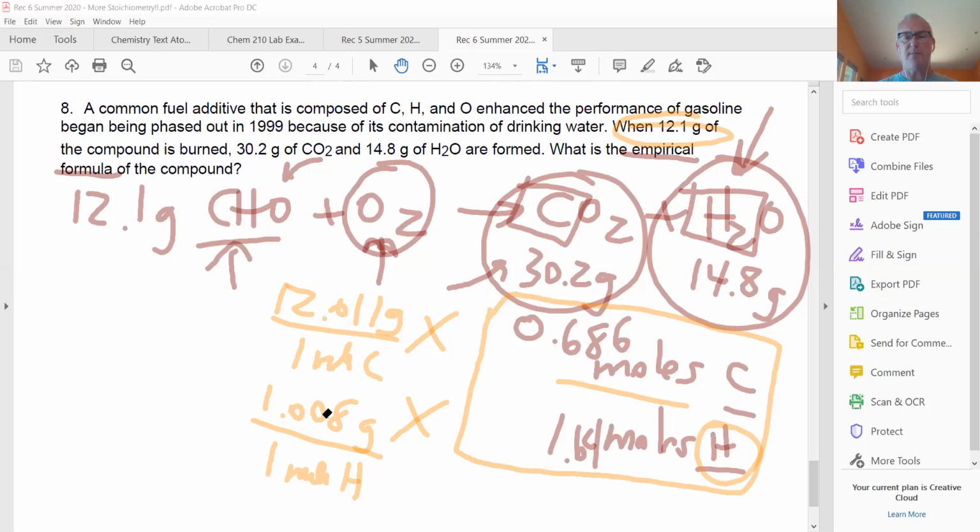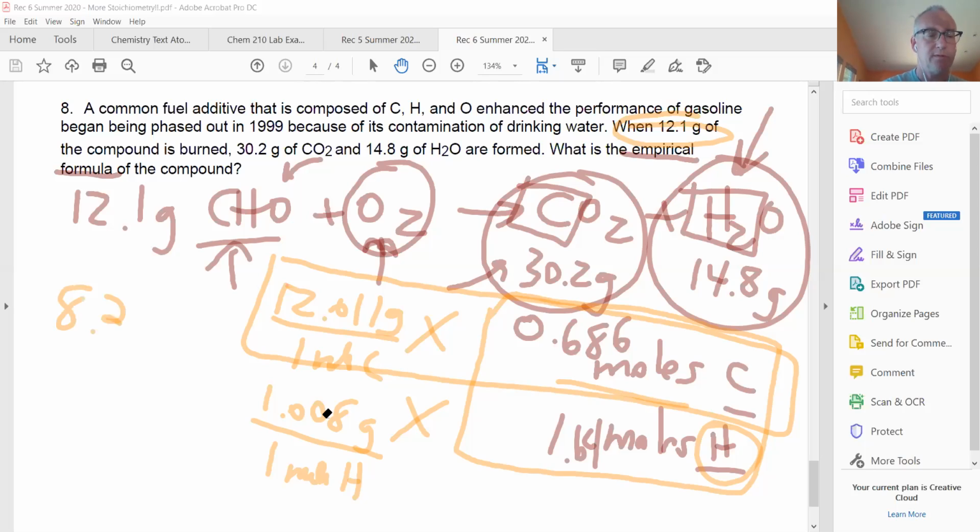So how much carbon in grams do I have? Multiply this number of moles by this smaller mass. 0.686 moles of carbon times 12. How many grams of carbon? 8.236 grams.